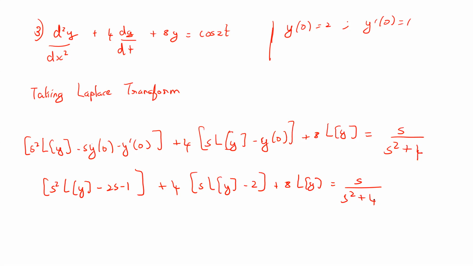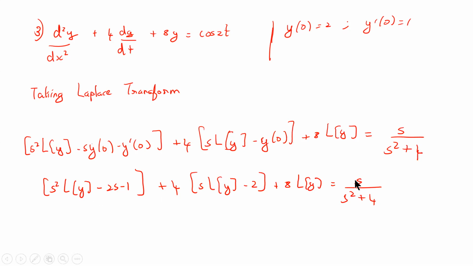Now as I did before, I will collect all the terms that have L of y as common. I'll take all the other s terms, the minus 2s, minus 1 and so on, to the right hand side, and they will get added to this fraction.